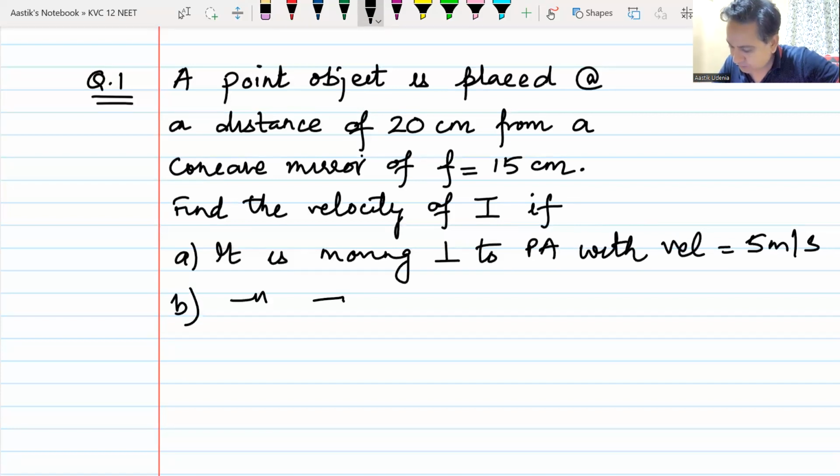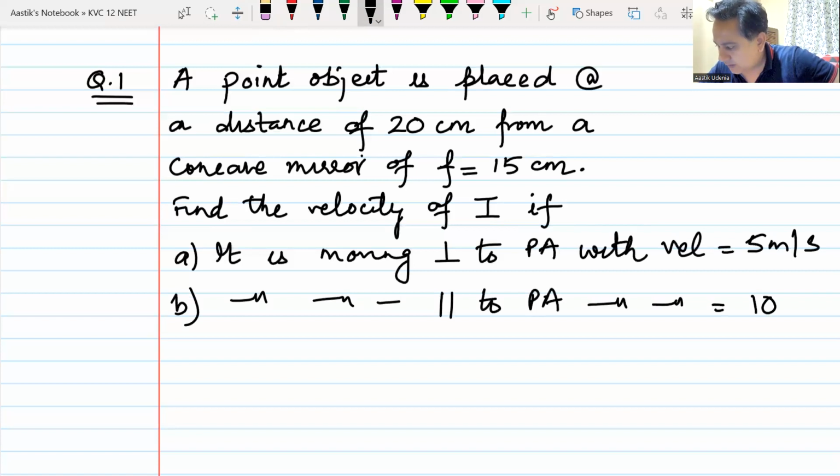(B) It is moving parallel to the principal axis with velocity 10 meter per second.